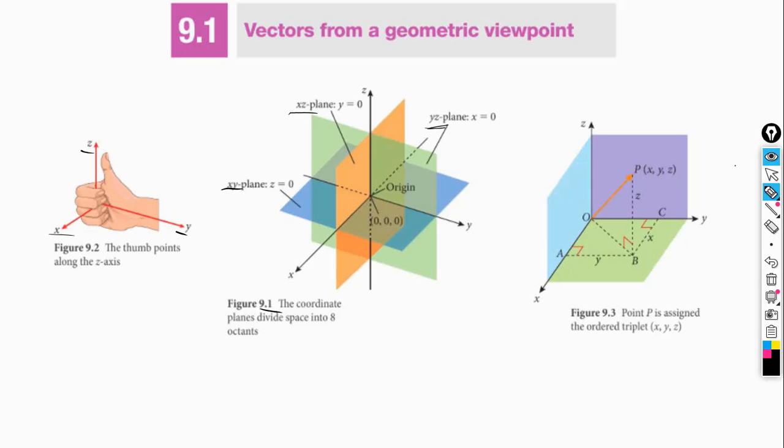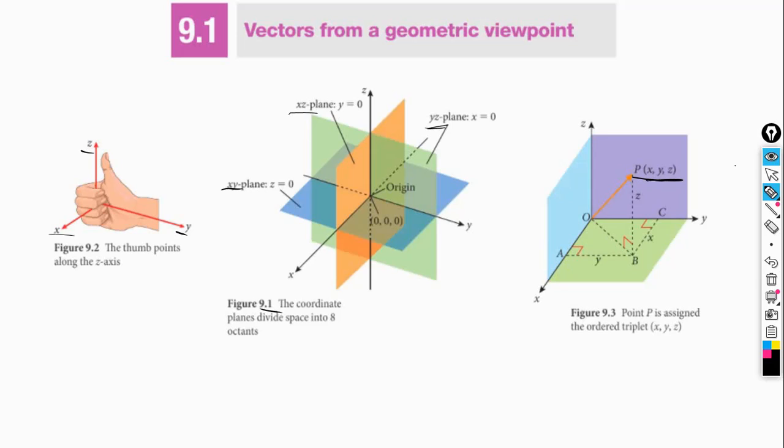Points in space are assigned coordinates in the same manner as in the plane. So point P here in Figure 9.3 is assigned with the triplet x, y, z to indicate that it is x, y, and z units from the YZ, the XZ, and the XY planes, respectively.